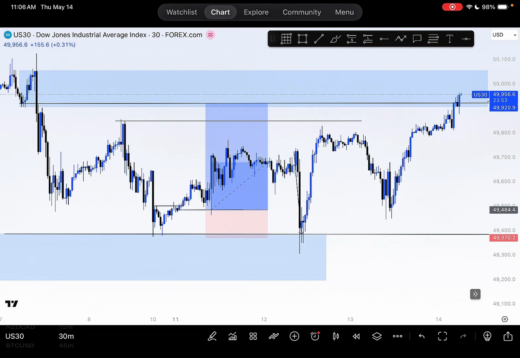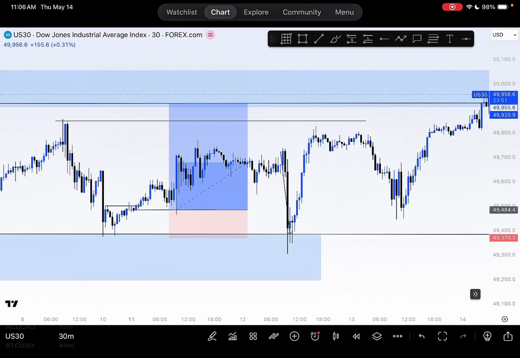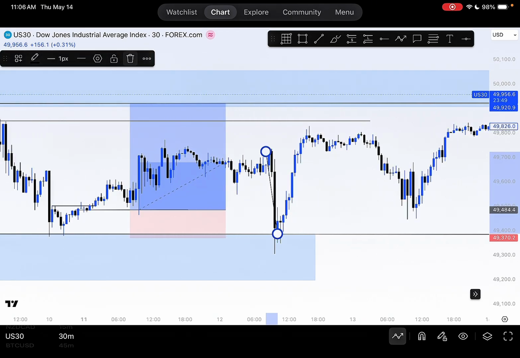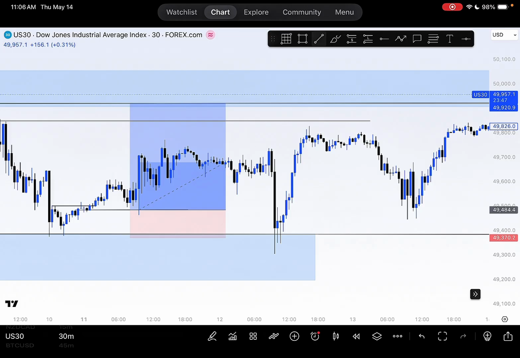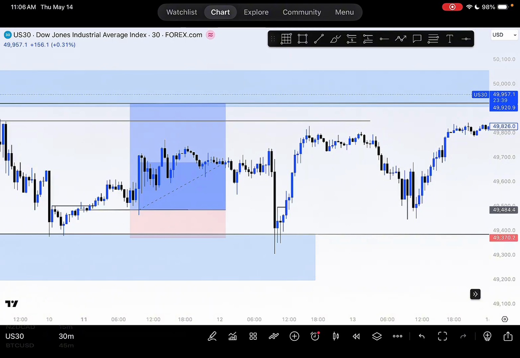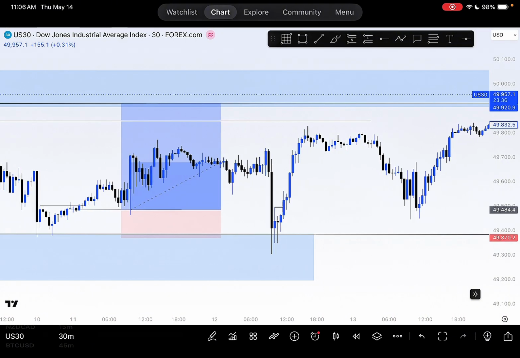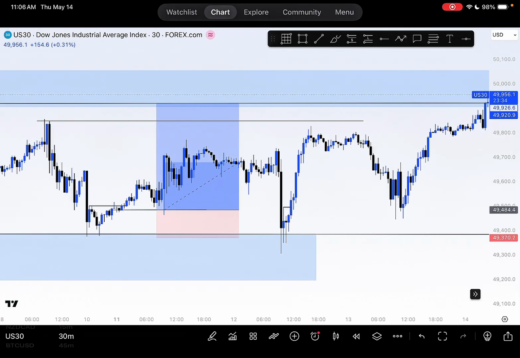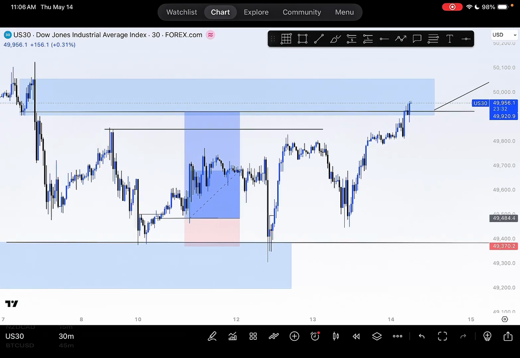If we look at this part, when the market came back here, this pullback is an MSS. This is the valid pullback, but it's not clear on the 30 minutes, so we have to go down to a lower time frame.